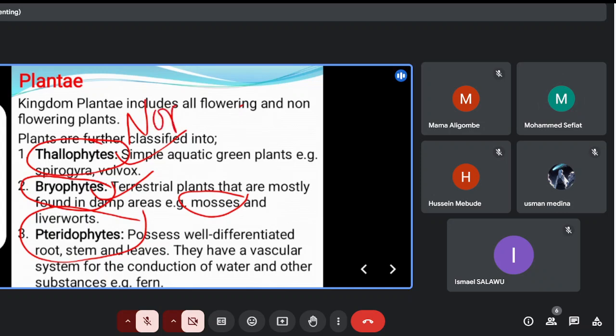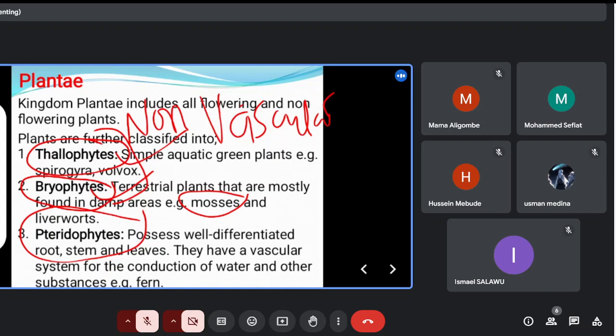They are non-vascular plants. So you could be asked to identify vascular or non-vascular plant. Just note that bryophytes and thallophytes are non-vascular plants, meaning they do not have vascular bundles. And that is why they were left out of the tracheophytes super division. I hope that is noted.